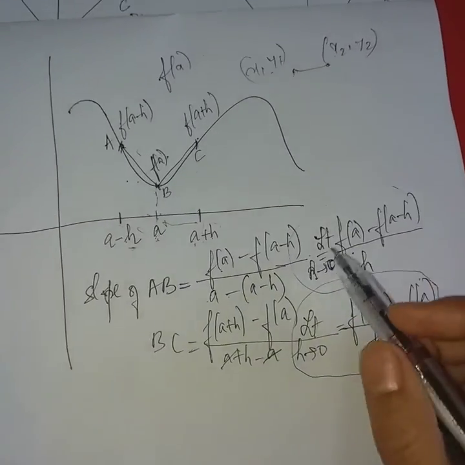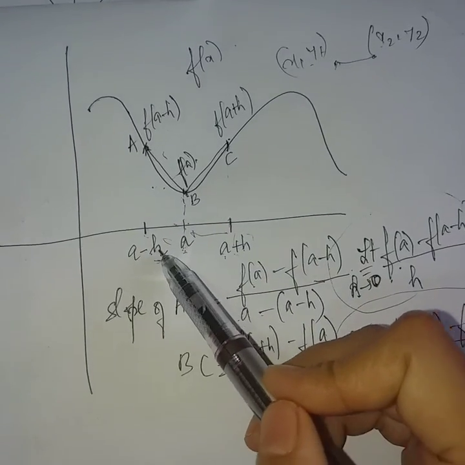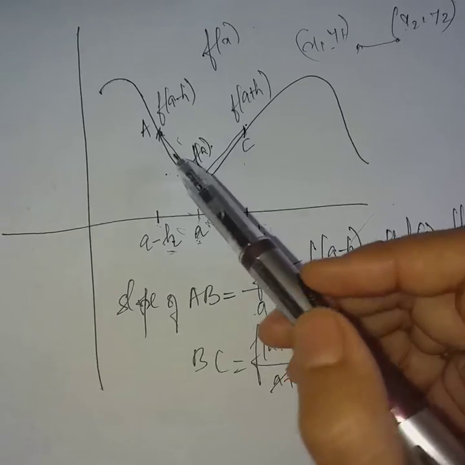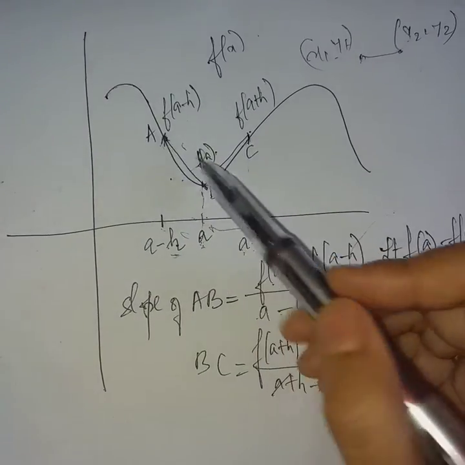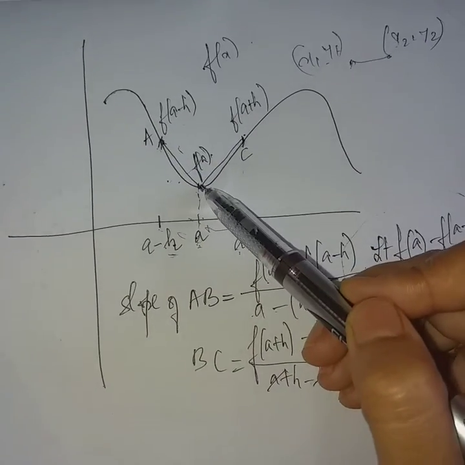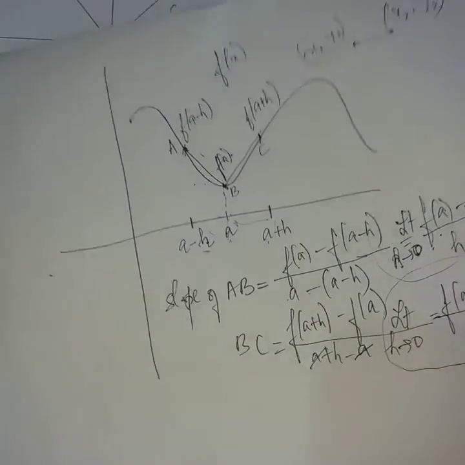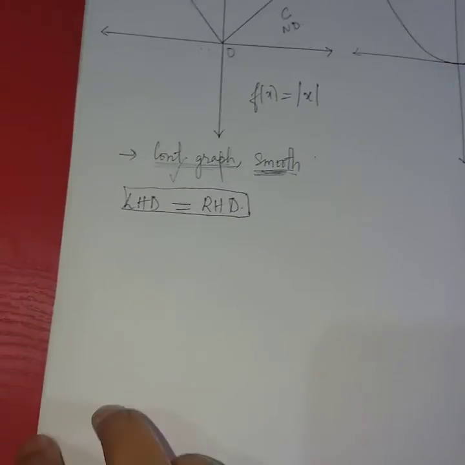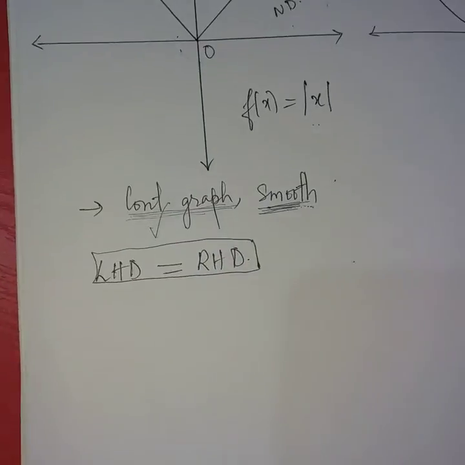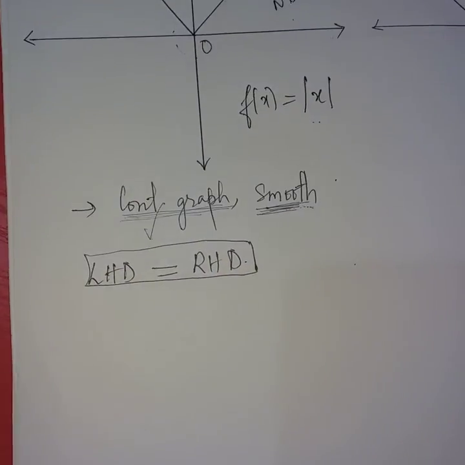So as h becomes very close to 0, if the slope of AB is equal to BC, then it is said to be derivable at that point A.